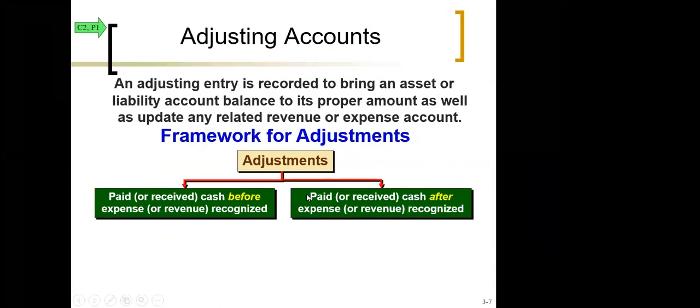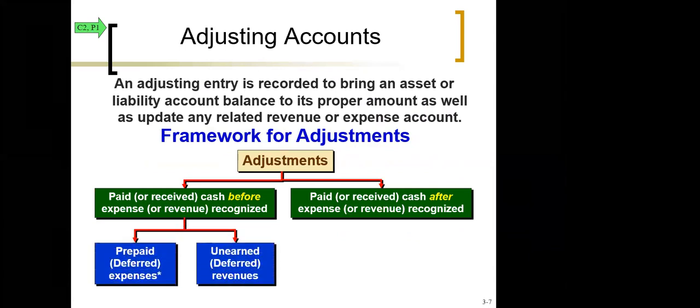So adjusting framework. If you paid cash before expense, recognize. If you paid cash after the expense, recognize. So if you paid before, that's called prepaid, or unearned. I'm paying you money in advance to take my case to the court in 3 months. That's definitely deferred.